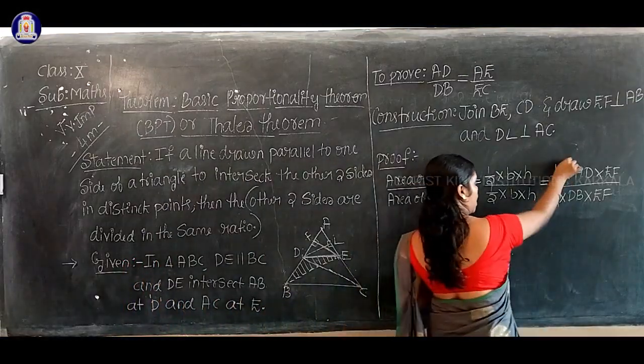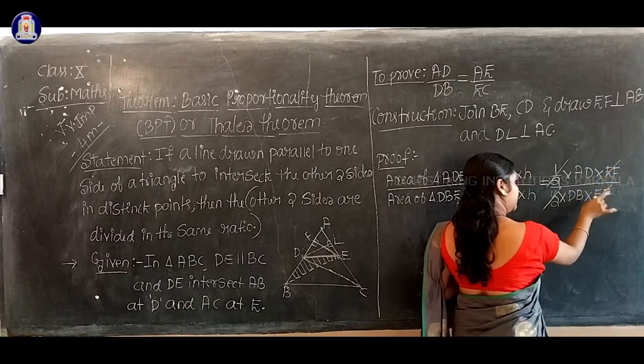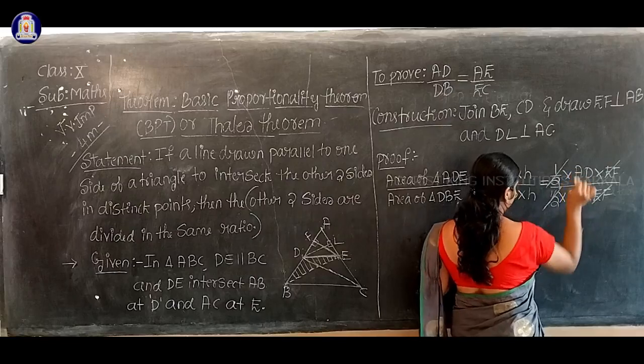Now, half cancelled. EF and EF cancelled. So which one remained now? AD by DB remained.